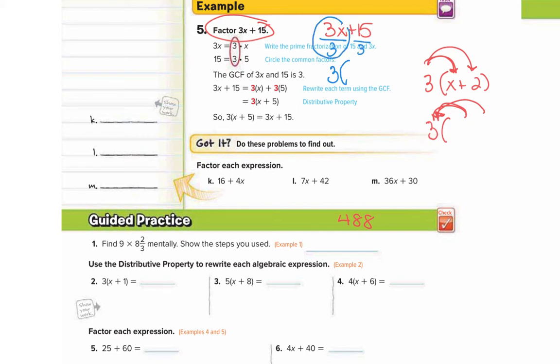So 3x divided by 3, the 3's cancel out, and we're just left with x. Plus 15 divided by 3 is 5. And then we can close the parentheses. So we divided out a 3, and what we were left with on the inside was x plus 5. So this would be our final answer after we factor.